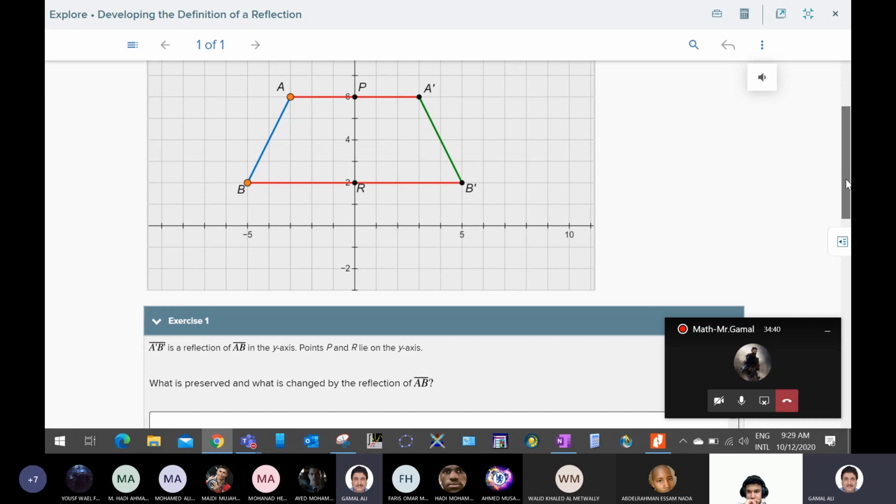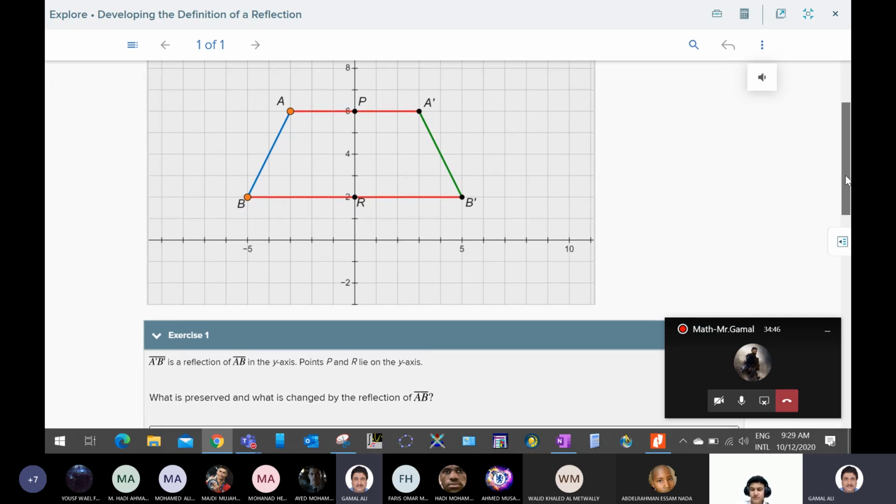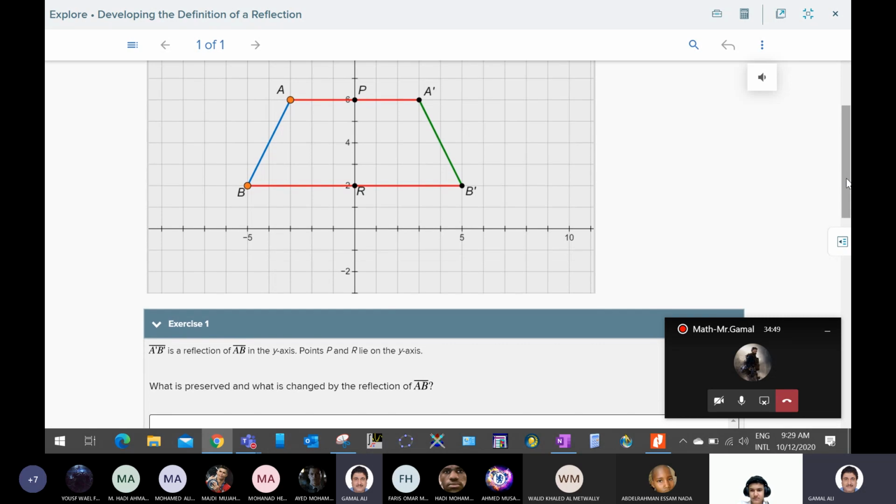What is preserved and what is changed by the reflection? Who can tell me? Do you understand what preserved means? It doesn't change. Preserved means doesn't change. What things don't change by using the reflection? The length of AB, like the length of A dash B dash.